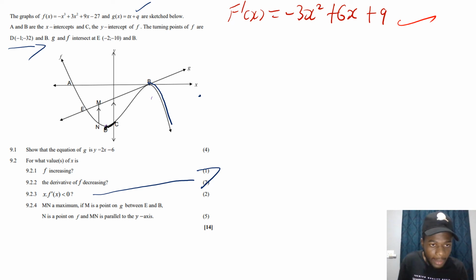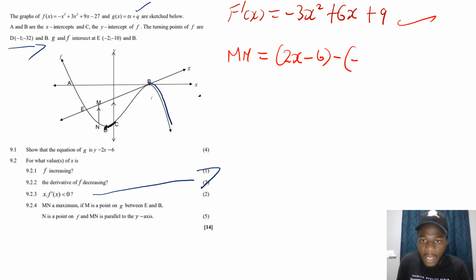Okay, MN is parallel to the y-axis, so MN is equal to the graph on top minus the graph below. So the graph on top here is g of x, which is a straight line. It is given by 2x minus 6. Then we subtract our cubic function, f of x, which is negative x cubed plus 3x squared plus 9x minus 27.